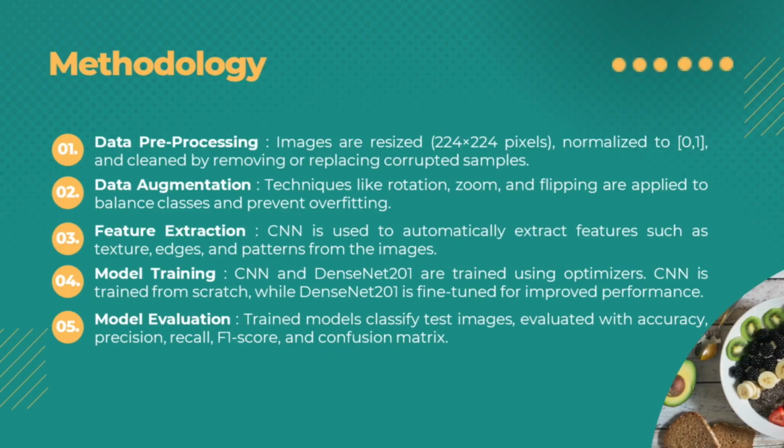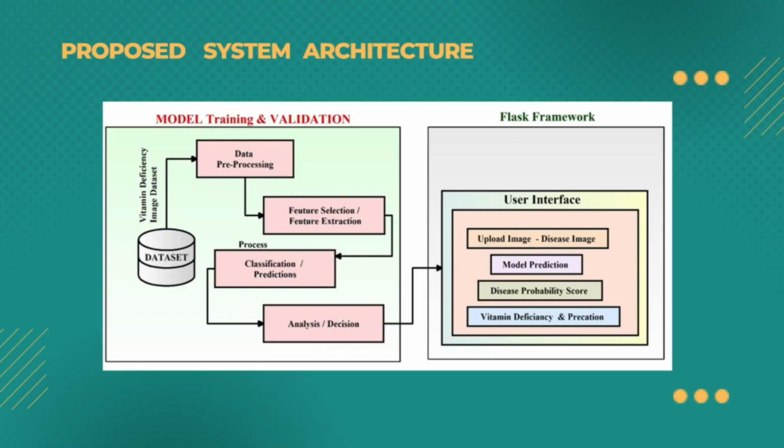Then the model training part comes, where the deep learning models are optimized and the dataset is given to the model to start training and is repeatedly fine-tuned. The last phase is model evaluation, where the trained models are tested with several evaluation metrics such as accuracy, precision, recall, F1 score, and confusion matrix.